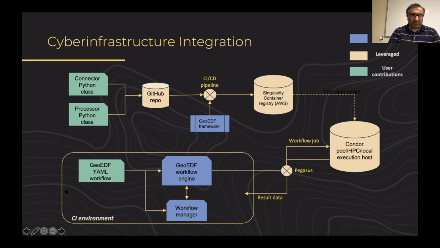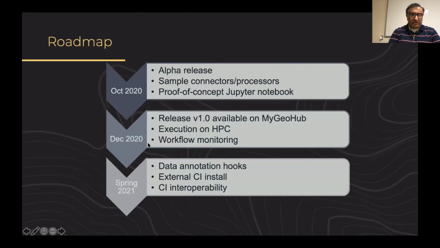The piece at the bottom is something we're still working on. We are integrating GeoEDF with a HUBzero-based science gateway, MyGeoHub, which is our production gateway. That's still work in progress, and we are shooting for December to have it done on MyGeoHub.